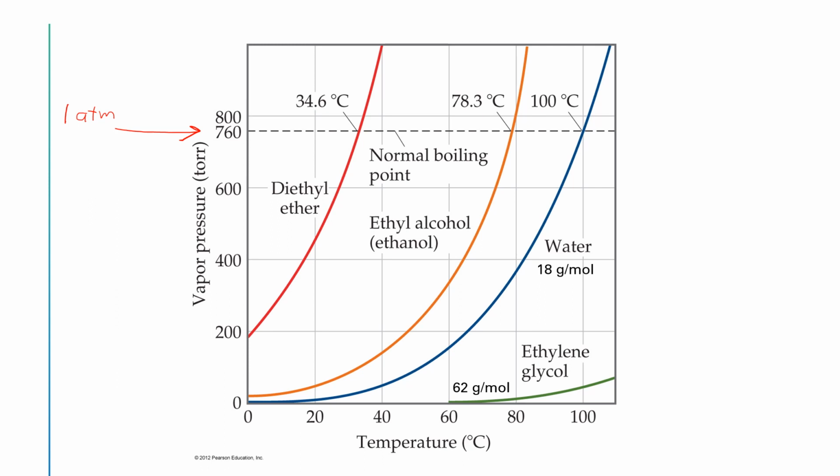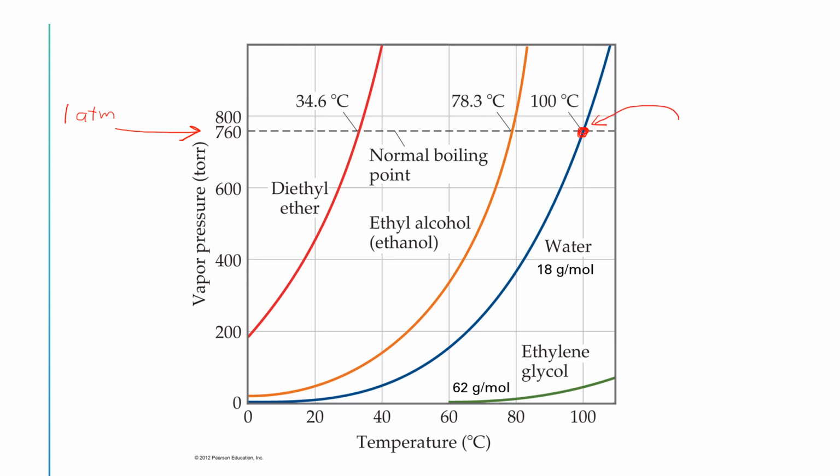And let's take a look at the water vapor pressure curve at 1 atmosphere. So if we go over all the way to the blue water curve and we look at a pressure of 760 torr or 1 atmosphere, we're looking at this point right here.